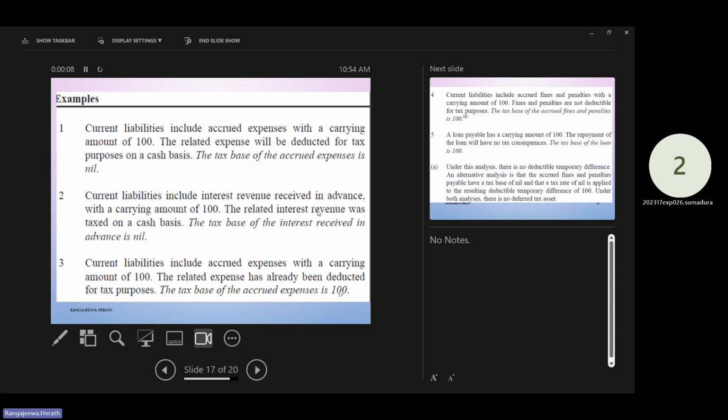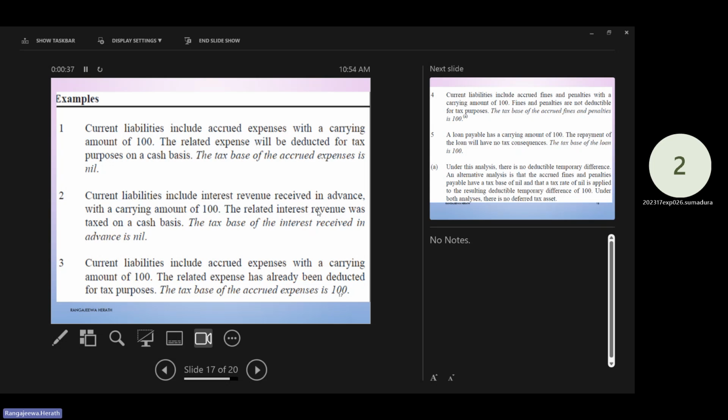Current liabilities include interest revenue received in advance with a carrying amount 100. Under accrual basis, the interest for next year we have received. So we debit cash, credit interest received in advance liability. Related interest revenue is taxed on a cash basis.